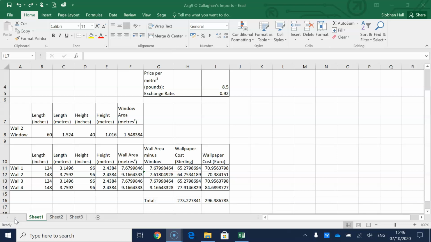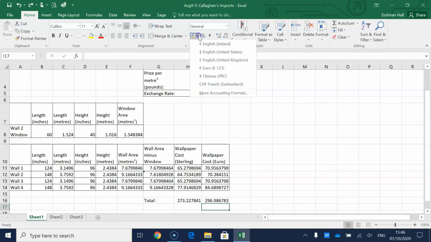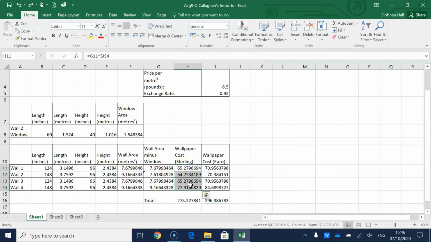Question 8 actually has 2 parts, so I'll read the first part first. Using the accounting button drop-down list, display the wallpaper cost sterling and the price per metre squared in British pounds. So I will highlight the 4 figures under wallpaper cost sterling, and I will go to my accounting button.